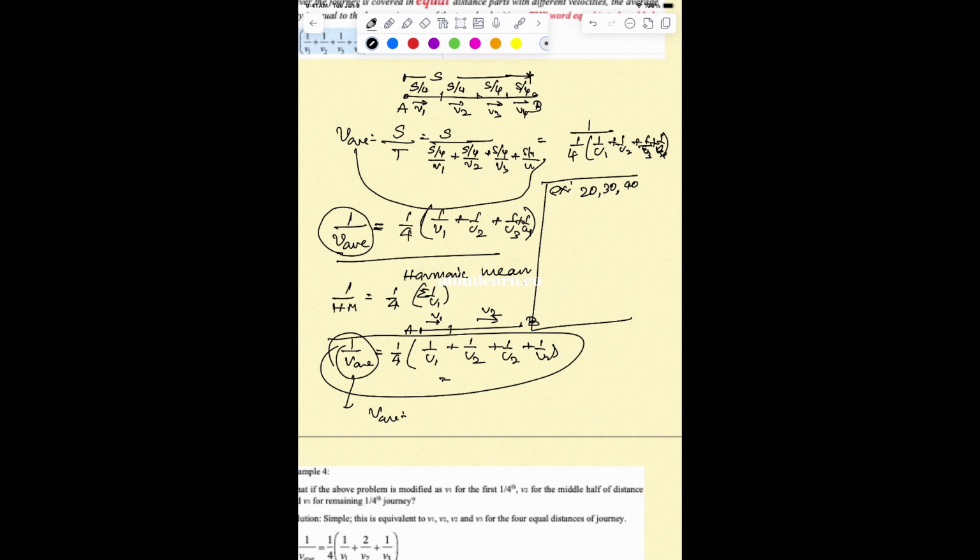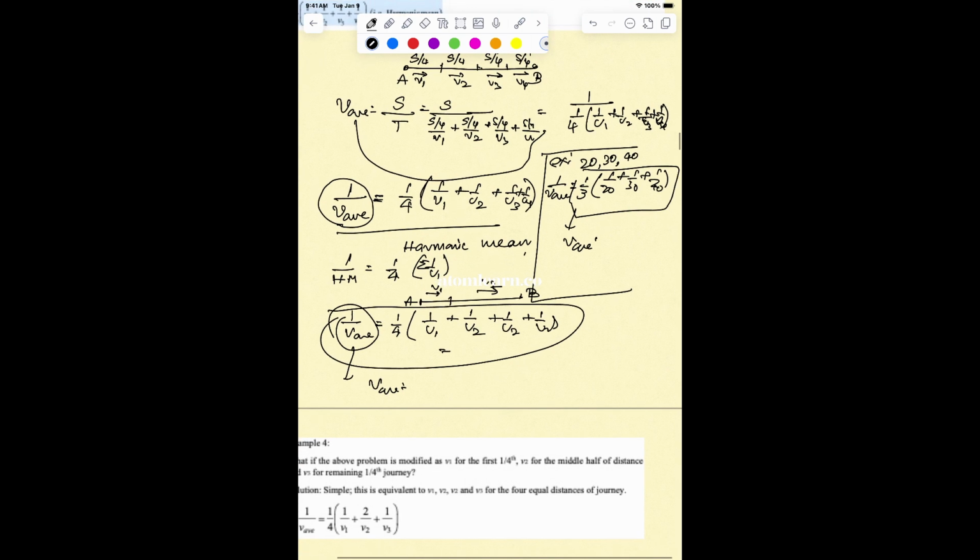Then what is the average velocity for the entire journey? You find it as 1 by v average is the average of the reciprocals, which is 1 by 20 plus 1 by 30 plus 1 by 40. Find out these values on the right hand side, and then take the reciprocal to get the value of v average.